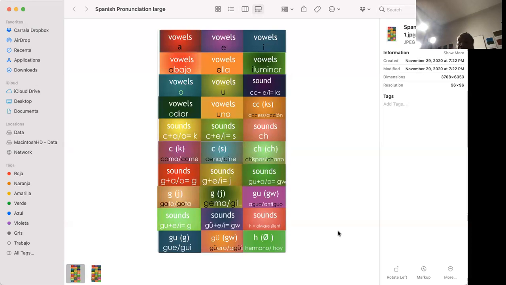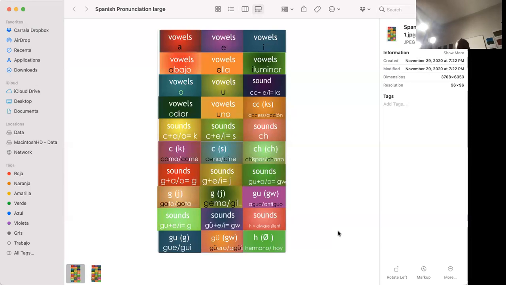The C is hard, but the C before the soft vowels E or I has the sound of the S.